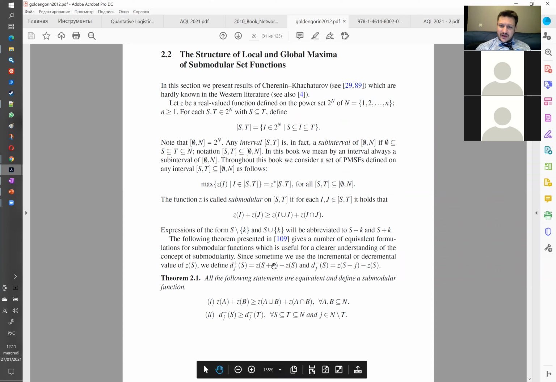Maybe you think what are plus and minus, because it is not obvious how we can subtract or add one set to another set, but it's just an abbreviation. So this one is S without K, and this one is S with K. Like here.